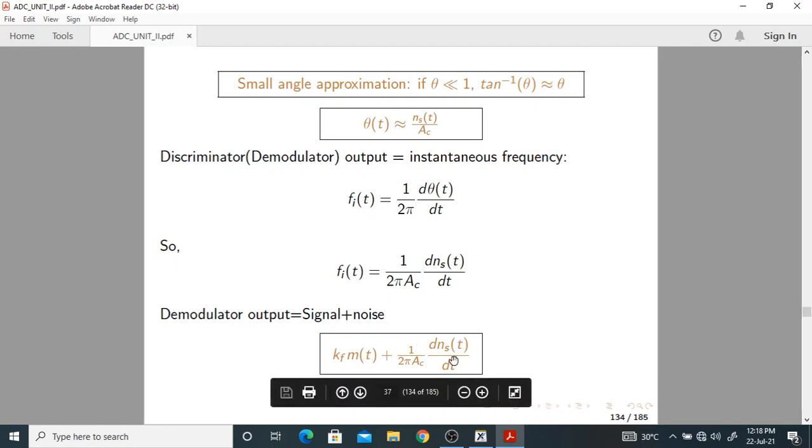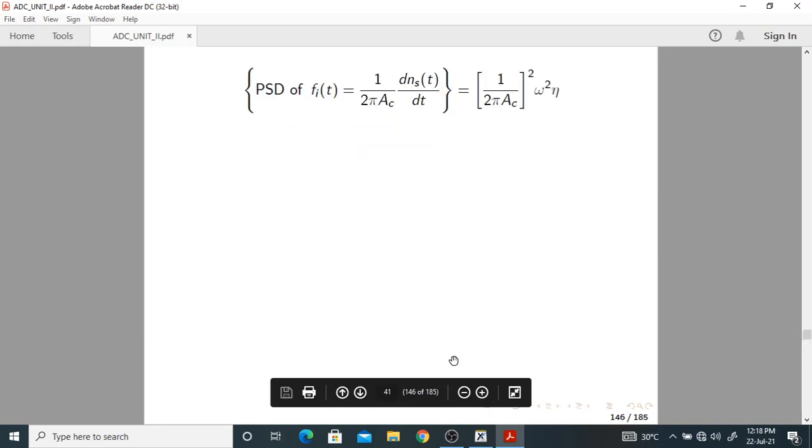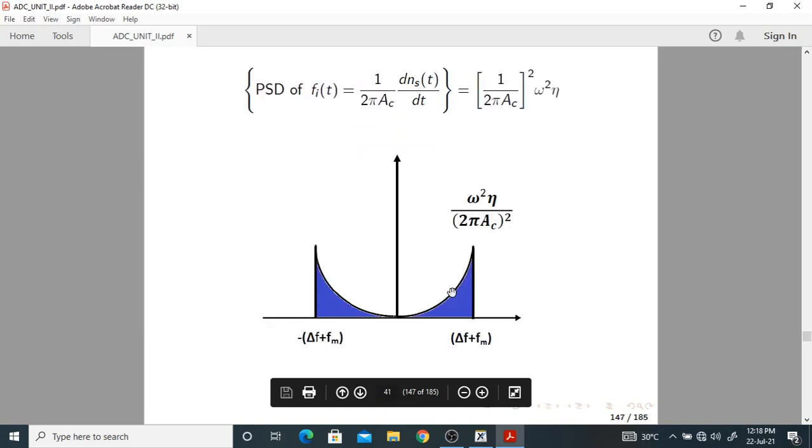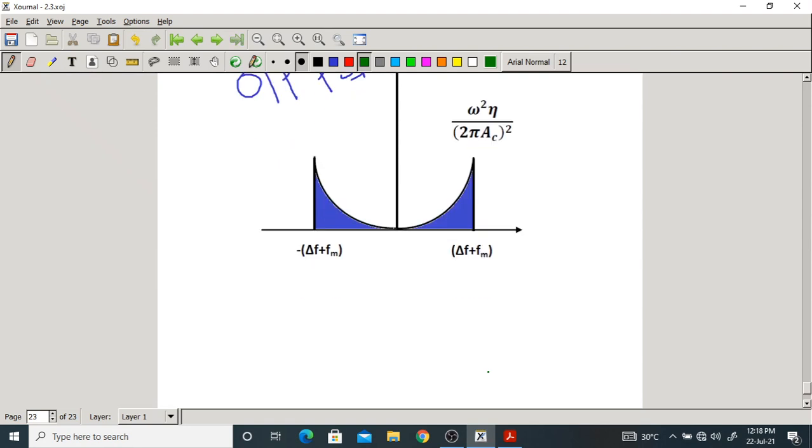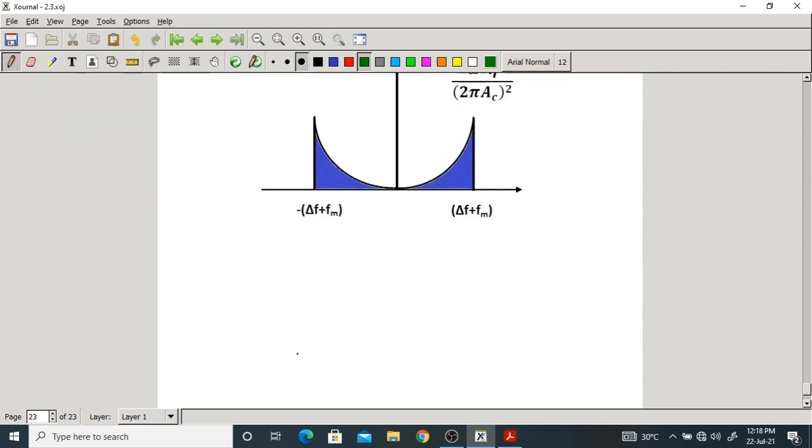What about the noise component? We got noise PSD something like this. This is passed through a low pass filter with a cutoff frequency of fm.